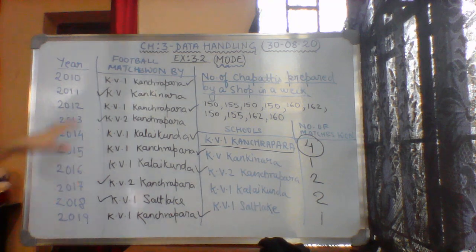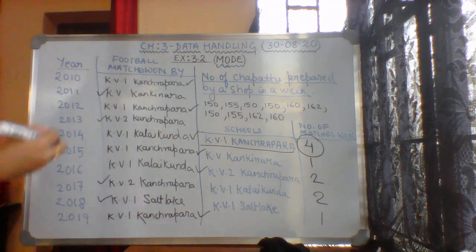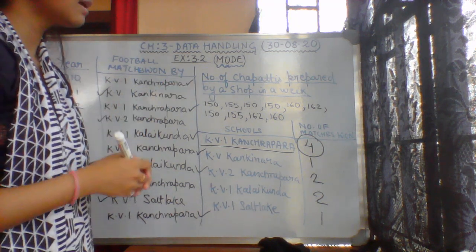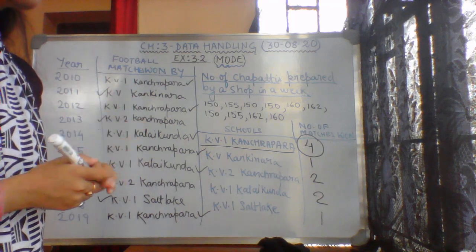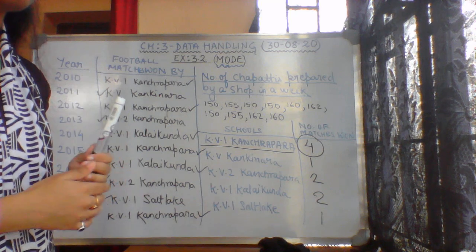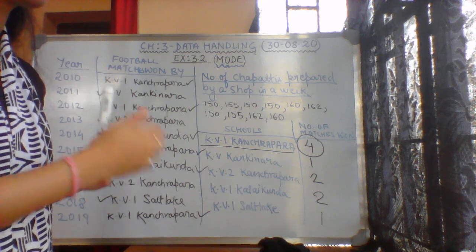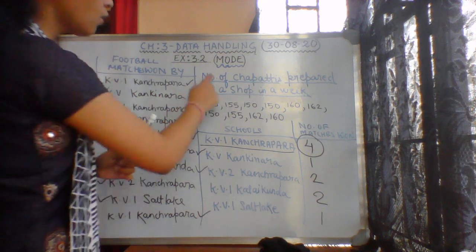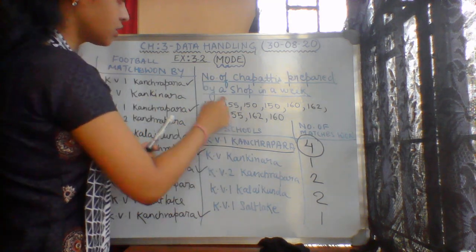So you have understood in this example how to calculate the mode. So mode is that observation which is occurring most frequently, for which we are getting the maximum frequency.